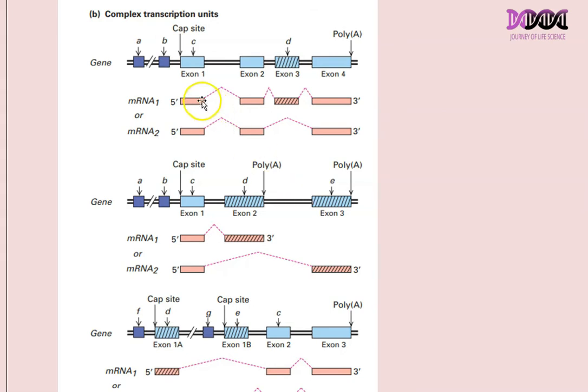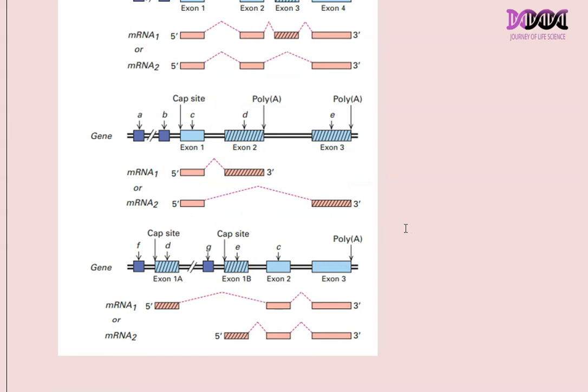We have to remember that a primary transcript undergoing post-transcriptional modification should contain the cap site as well as the polyadenylation site, which is required for the future translation.